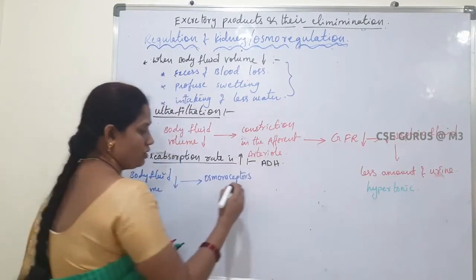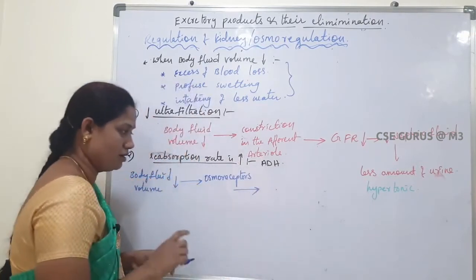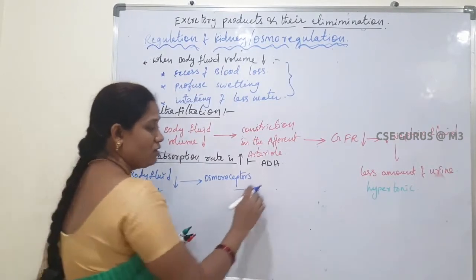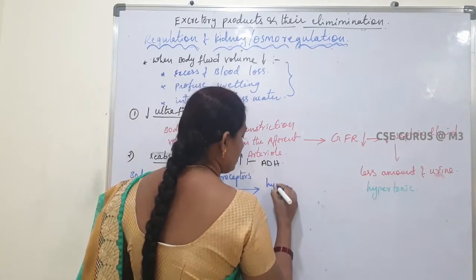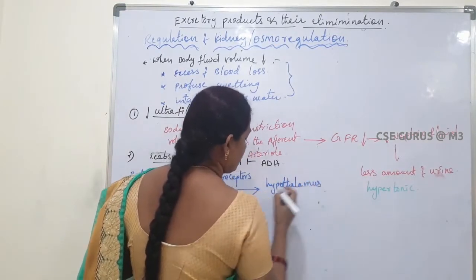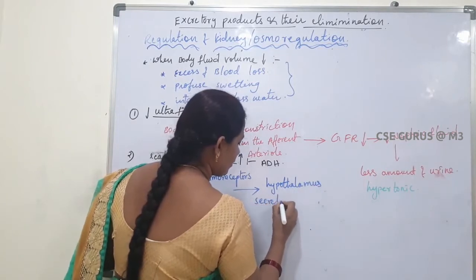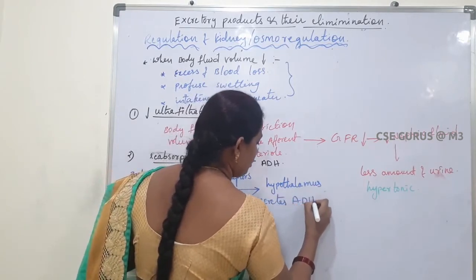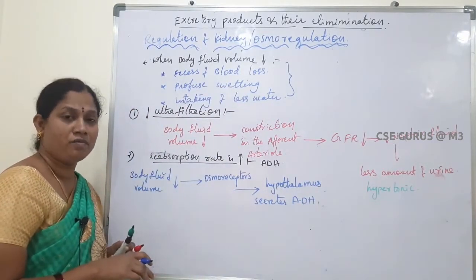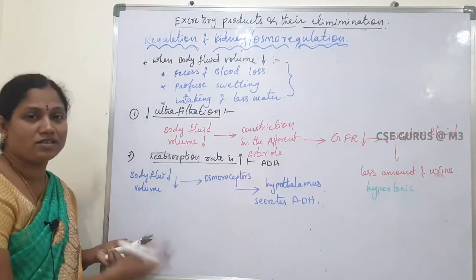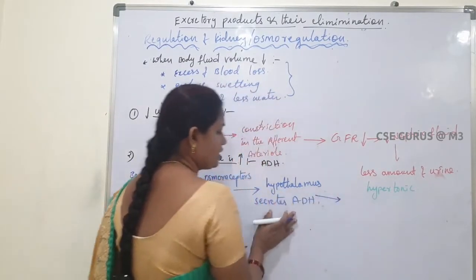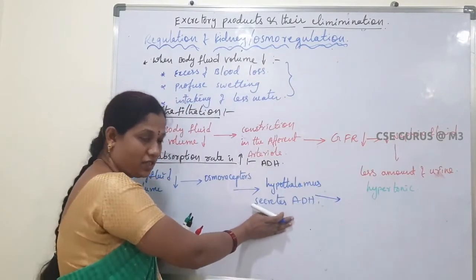Finally the hypothalamus secretes ADH, or antidiuretic hormone, or vasopressin, secreted from the hypothalamus and released by the pituitary gland. Here an excess amount of ADH hormone is secreted.